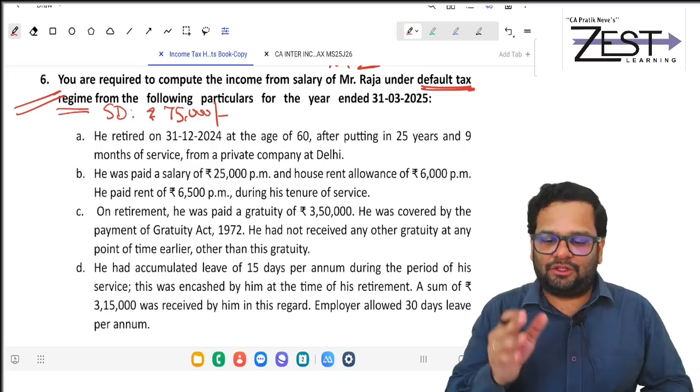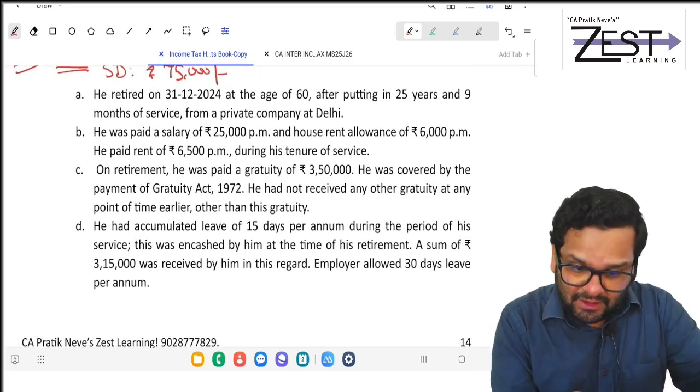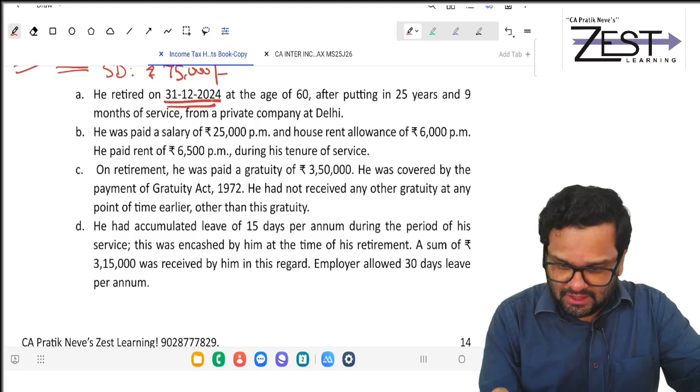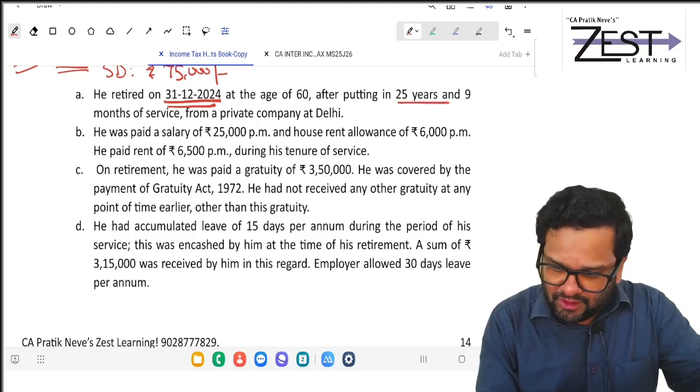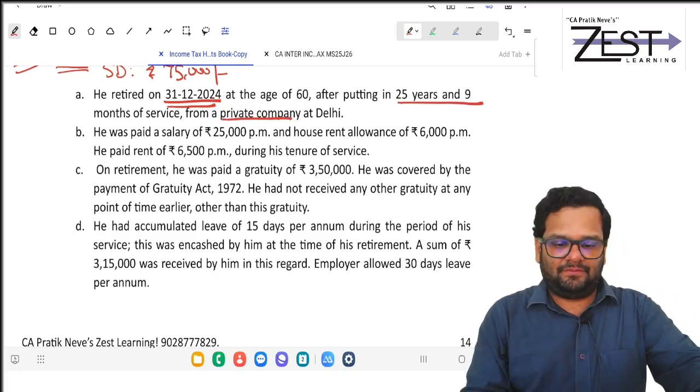From the following particulars for the year ended 31st March 25. He retired on 31st December 24 at the age of 60 after 25 years and 9 months from a private company at Delhi.